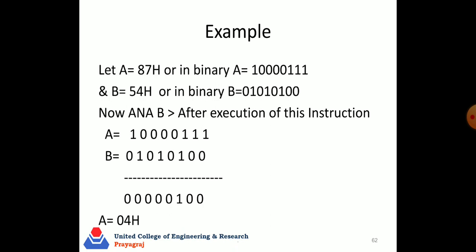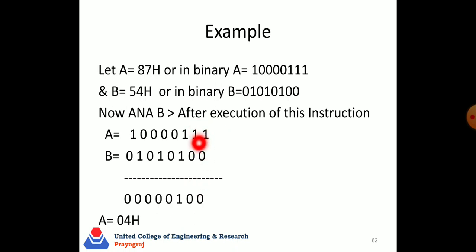What is the meaning of the AND operation? Once again I repeat, if both the inputs are high or set or 1, then the output will be high or set or 1, otherwise the output will be low, or we can say 0. So if we have 1 and 1, the output will be 1. In the first case it is 1 and 0, so it will be 0.